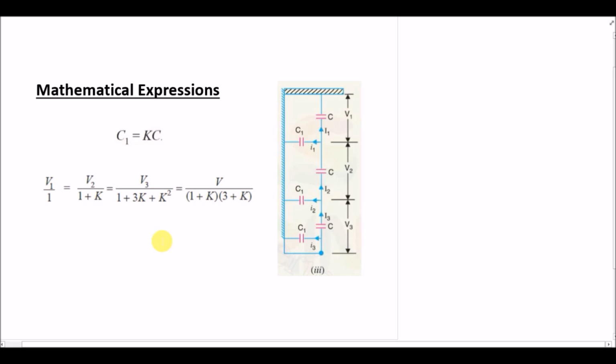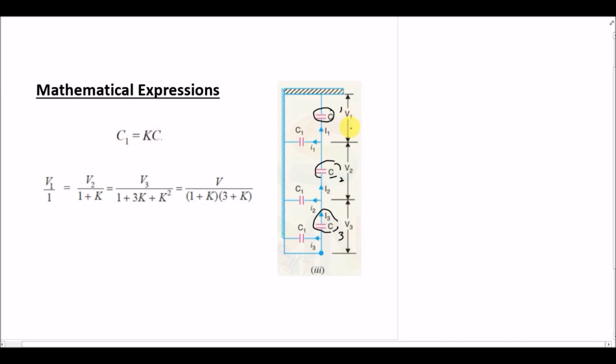Now if I have to derive the formulas for voltages V1, V2 and V3, that are the voltages across the string insulators, and we have 3 discs, 1, 2 and 3. This is disc number 1, there is another disc here 2, and then there is another disc here 3. So we have 3 discs.